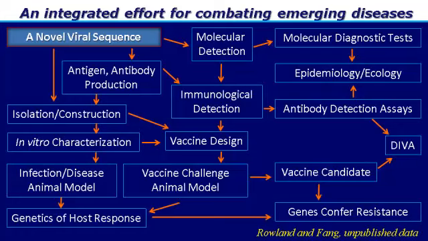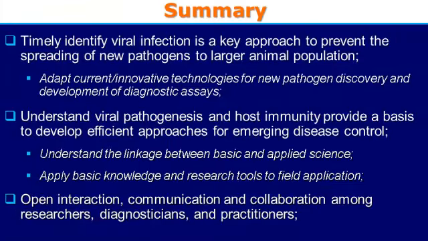So in summary, the studies I just presented show our collaborative effort in combating emerging diseases. We have adapted current and innovative technologies for new pathogen discovery and the development of diagnostic assays in order to timely identify viral infections, which is a key approach to prevent the spread of new pathogens to the larger animal population.